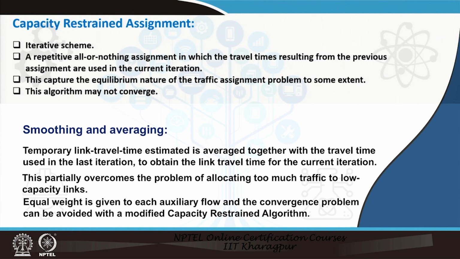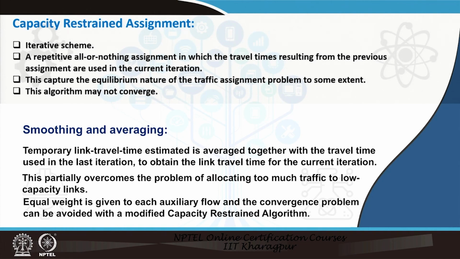So instead, we take the average of these volumes over all the iterations, plus some weightage given to the travel time that came in the last iteration, and using that we iterate for the next step. In that way we smooth and average the process, and this partially overcomes the problem of allocating too much traffic to low capacity links.